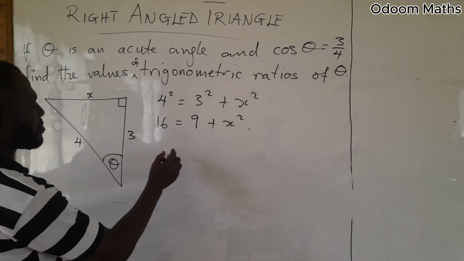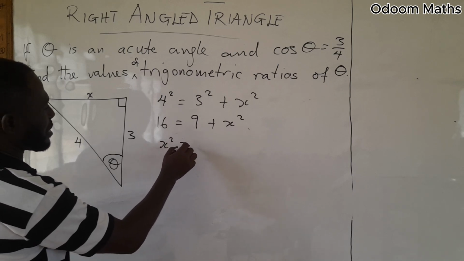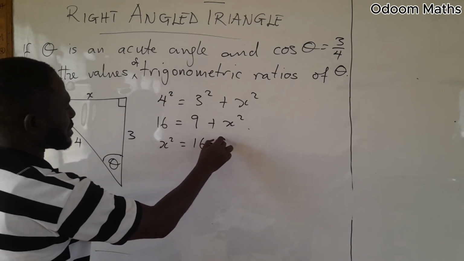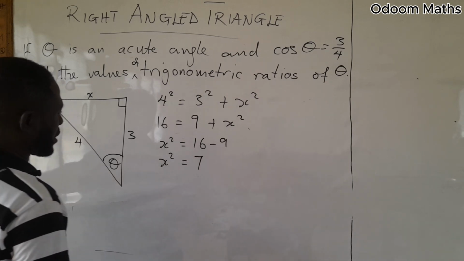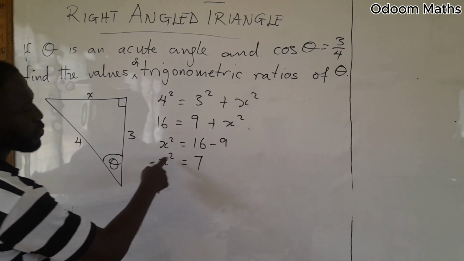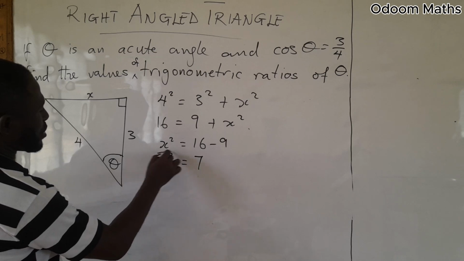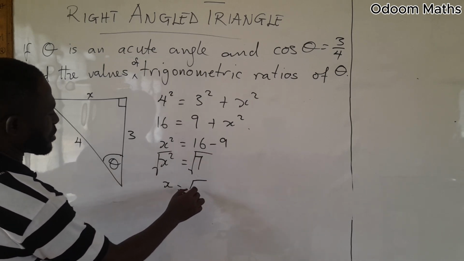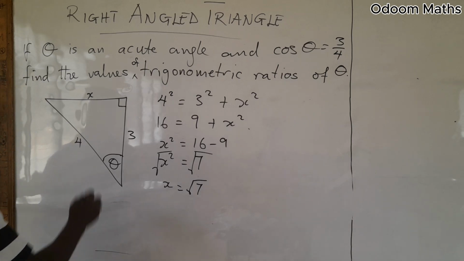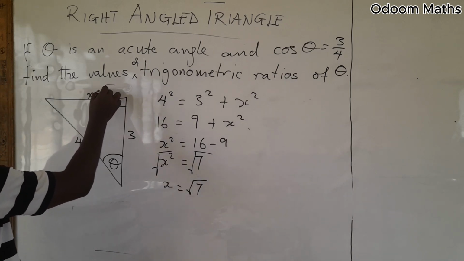So x squared becomes 16 minus 9, and then x squared is 7. Now to remove the square, you need to put square roots on both sides. So x becomes the square root of 7.